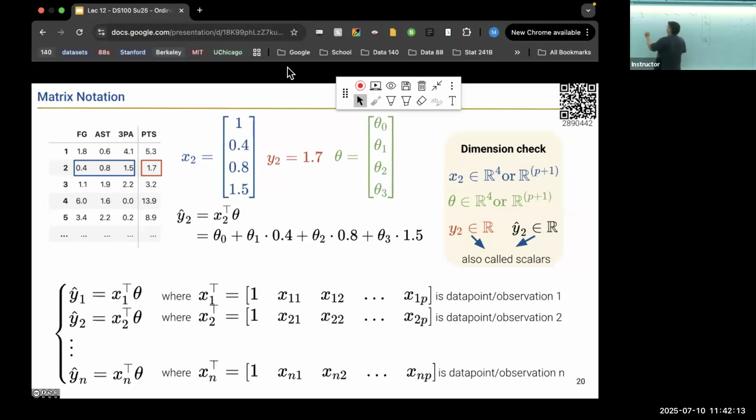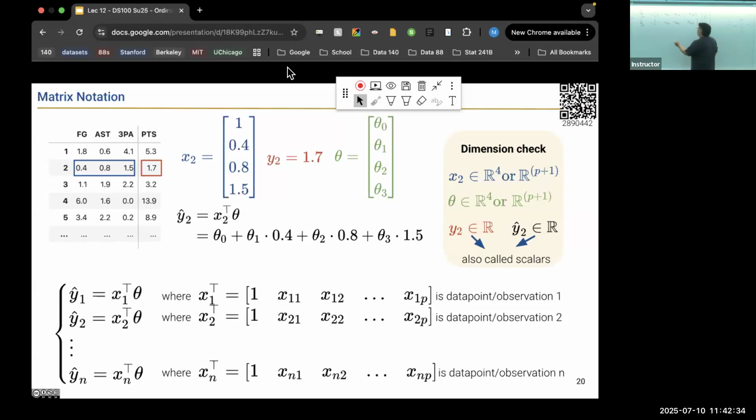What about y2? This is 1, x21, x22, dot, dot, dot, x2p, times the same theta vector. Now you see why I'm writing this kind of weird in the beginning.